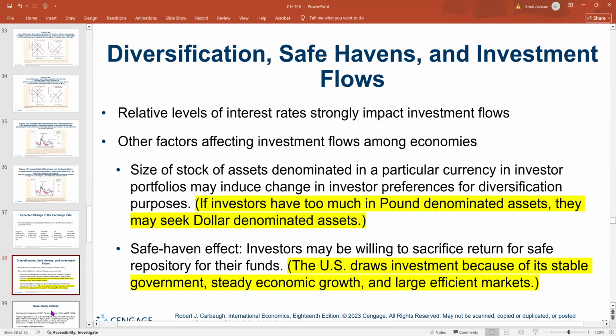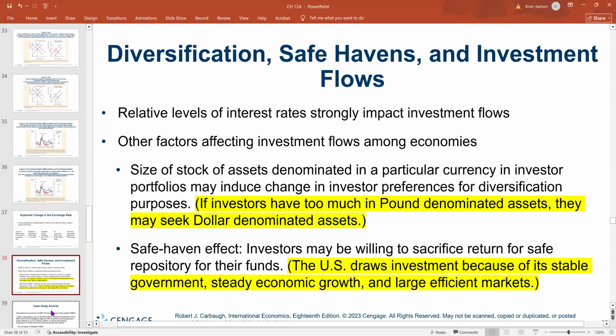Other things might affect the desire for one currency over another, and thus the exchange rate. The relative level of interest rates is part of that, but there are other factors, such as the size of the stock of assets denominated in a particular currency that an investor portfolio may want to include.